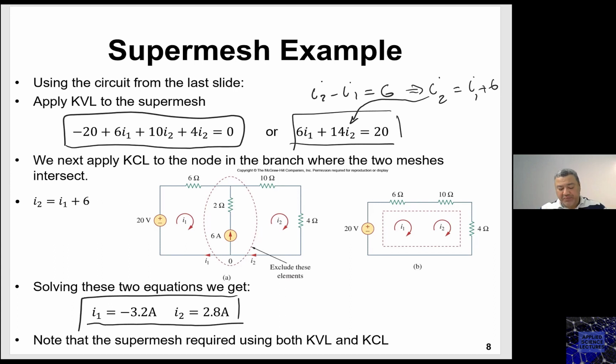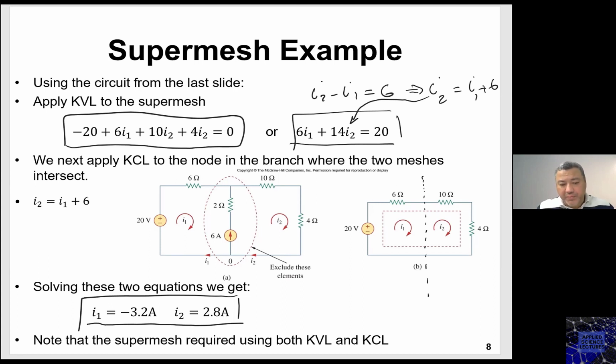I maintained my borders. I understood that based on this branch that I have removed from here.